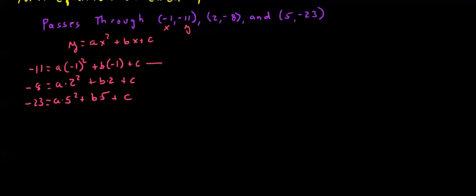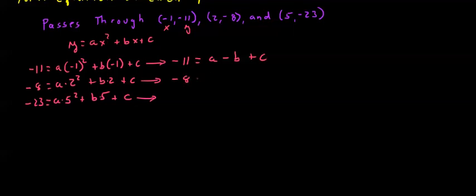Now, we're going to clean this up. Negative 11 equals a, negative 1 squared is 1, minus b plus c.